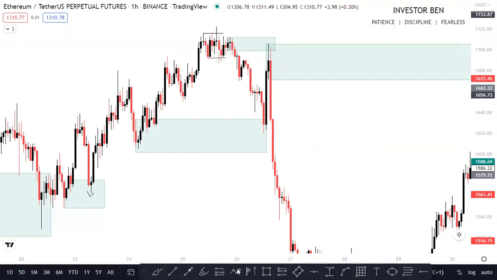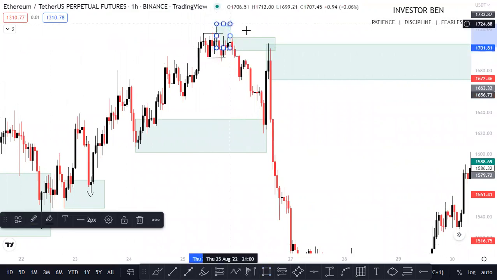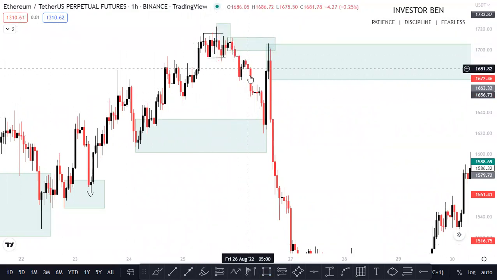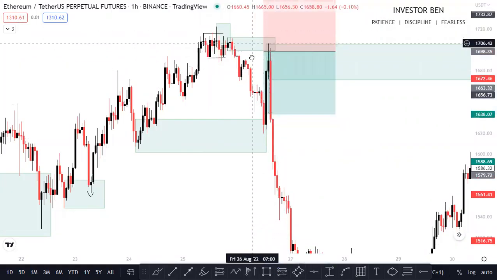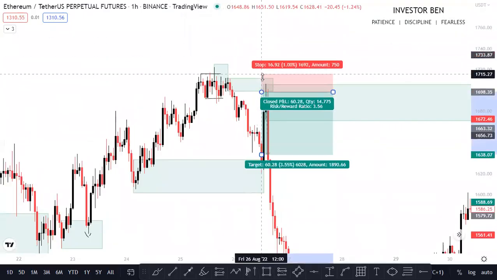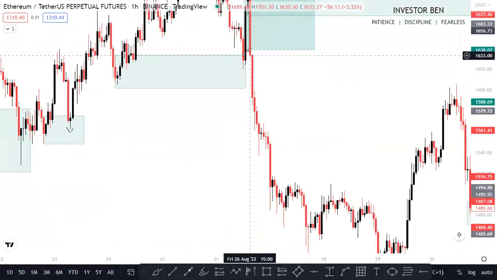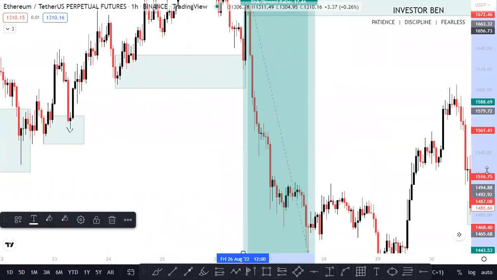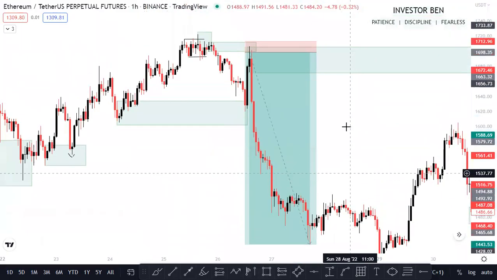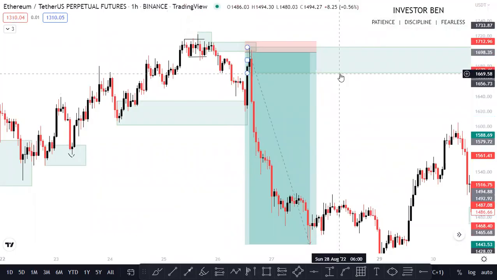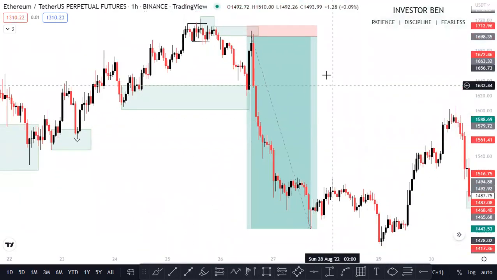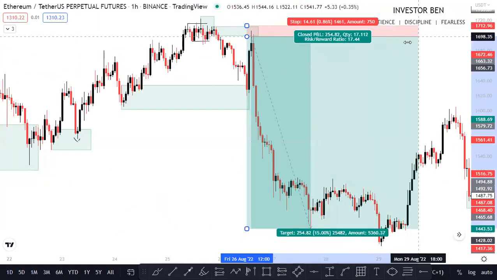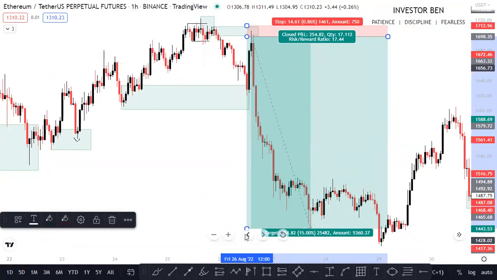Price tapped into this first order block the first time, and then tapped into this one the second time. This was the last time price tapped into it before selling aggressively. So all these things marked here are order blocks.